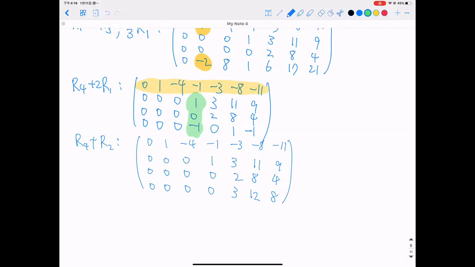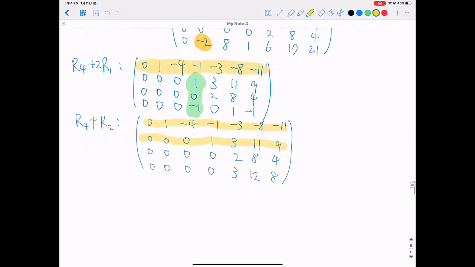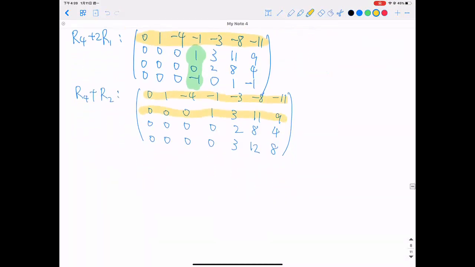Now what are we supposed to do? We've taken care of the first row. We've also taken care of the second row. Now we ignore them and run the steps for the remaining matrix, which is just these two rows.